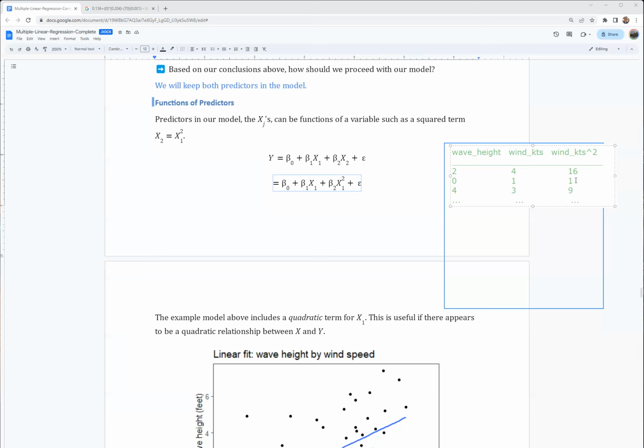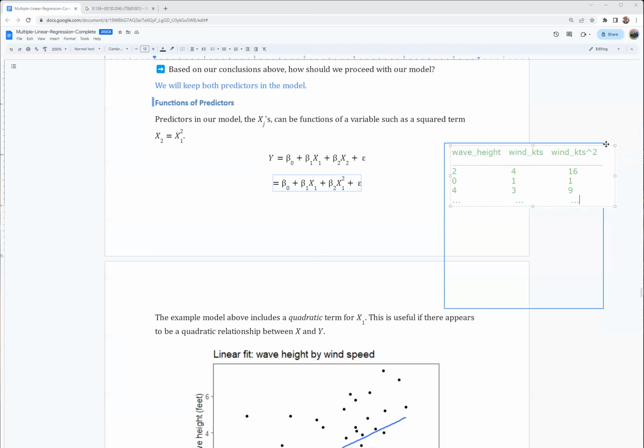And then you can act like, even though we know that this is a squared version of this column, we just act like it's another predictor in our model for predicting the wave heights here. And so that's how we can fit a nonlinear relationship using multiple linear regression. And you could do this with higher order powers as well.